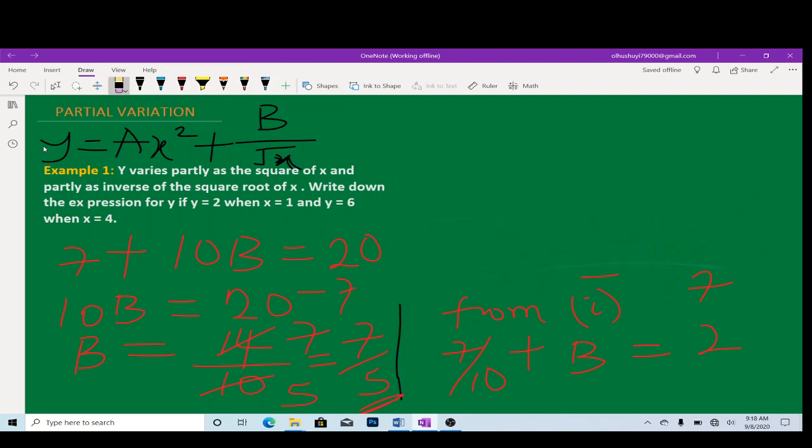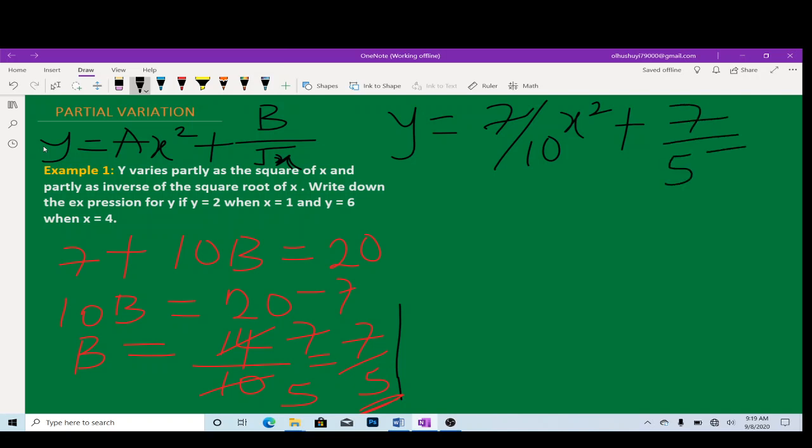To slot it back into the formula to get the expression for y, you get your y to be equal to, a is 10 over 7, right? 10 upon 7 x squared, then plus b, which is 7 over 5, then square root of x here. So this is the expression for what we are solving.